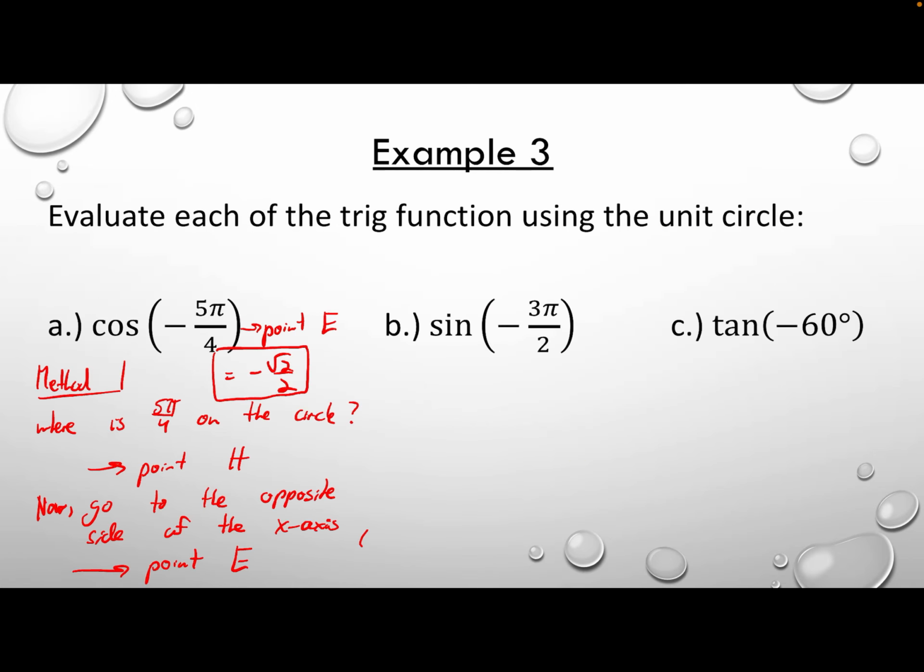So now let's talk about another method. Another method is trying to think of it as going the same distance around the circle.